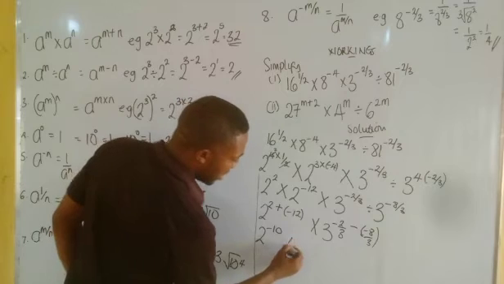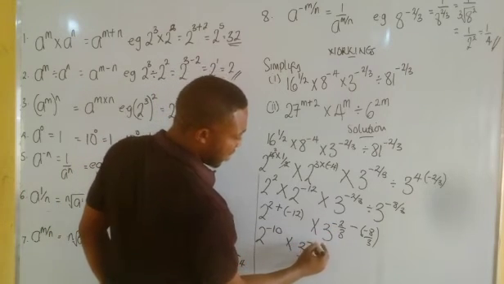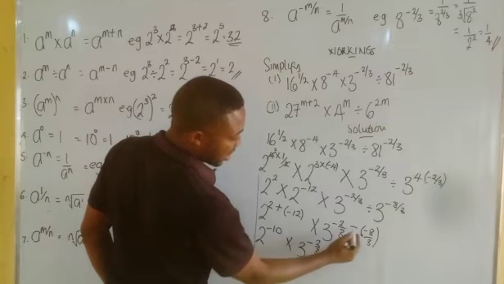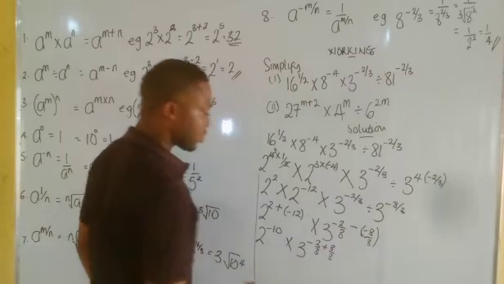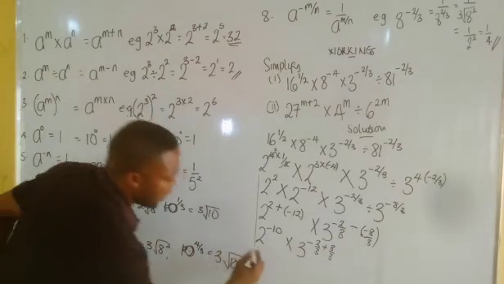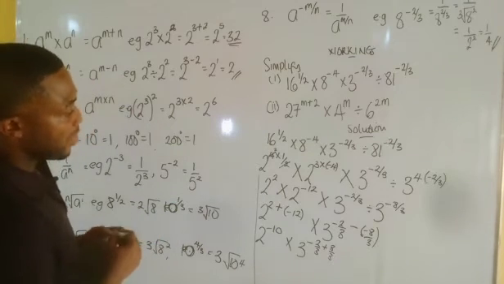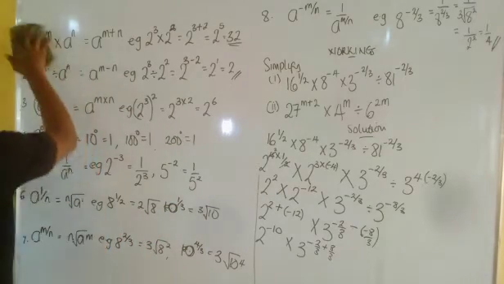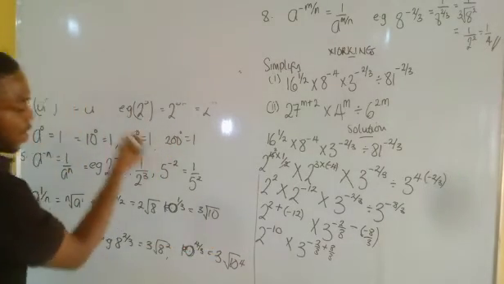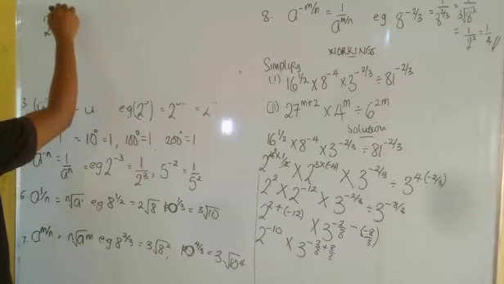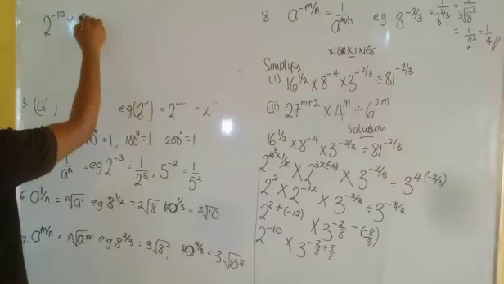Okay? Times 3 raised to power. Now if we simplify here, we have minus 2 over 3, and minus times minus is plus 8 over 3. Okay? So if we simplify further, we'll have 2 raised to power minus 10 times 3 raised to power.